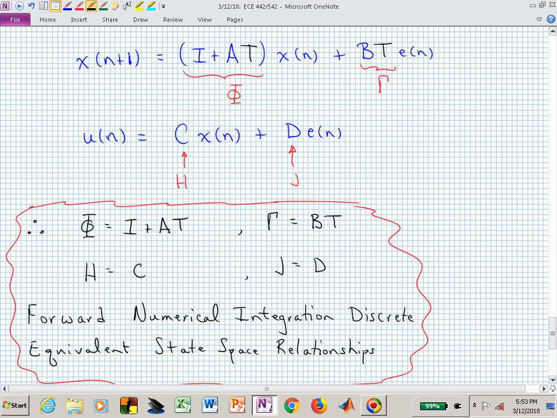If I give you an A, B, C, D, you should be able to give me a phi, a gamma, an H, and a J if I say do this for the forward numerical integration approach. There are your formulas. You don't have to rederive anything. You just have to use these formulas.